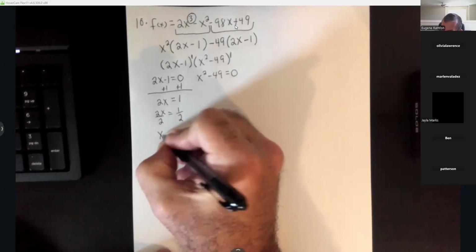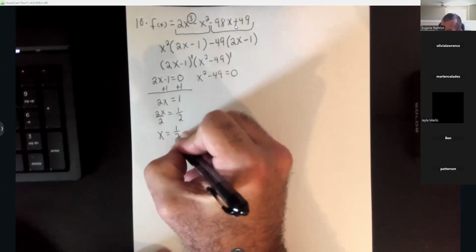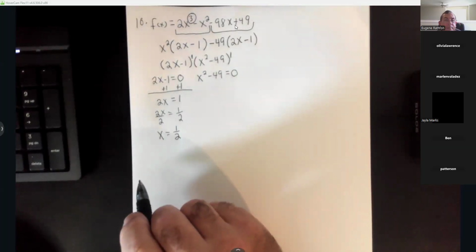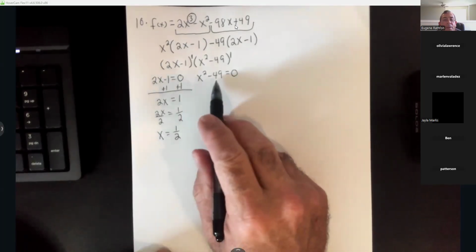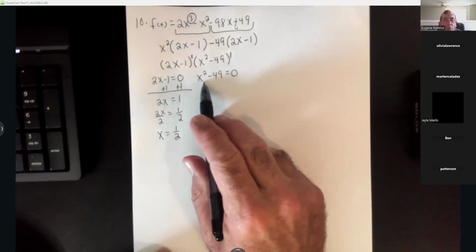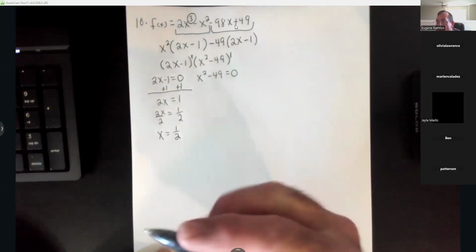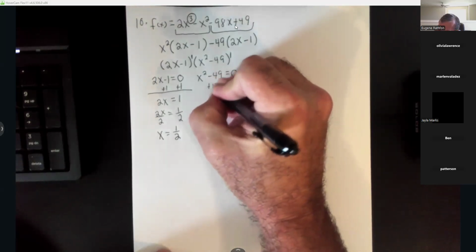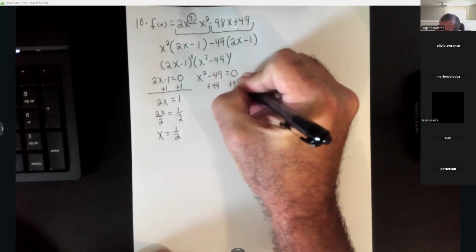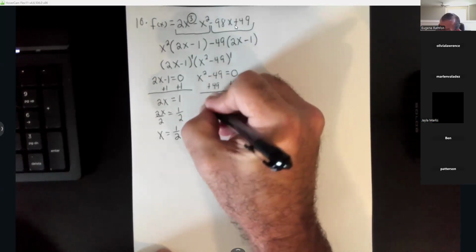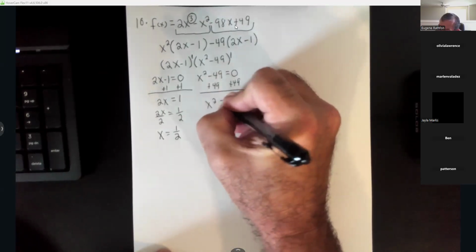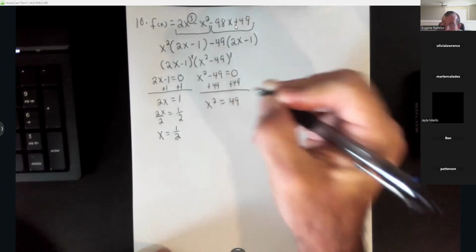So that cancels, and I get x is 1/2. Now on this one, x squared equals a number, I'm going to add 49 and do the square roots. So that x squared will come down, that cancels. That's going to be 49.